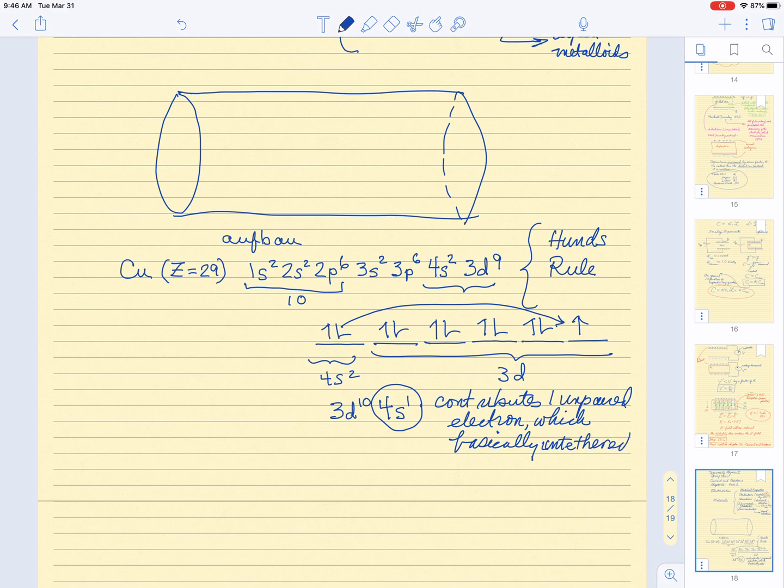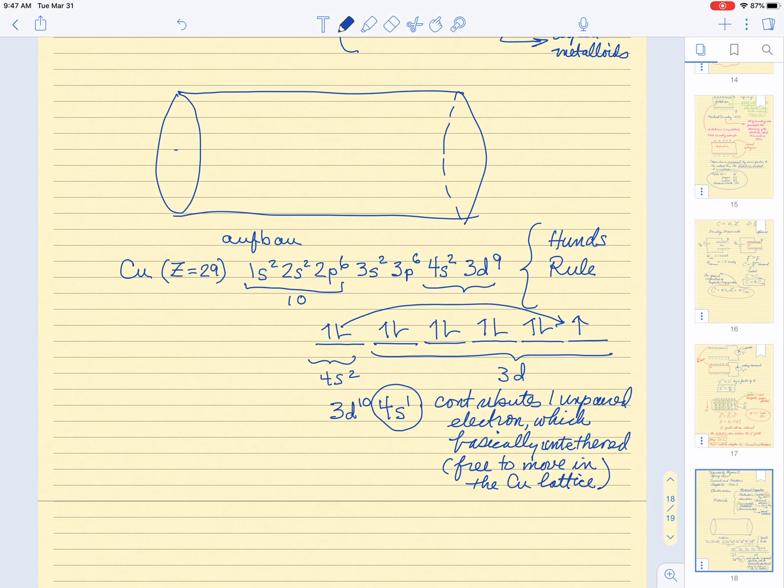It's basically untethered, which means that it's free to move in the copper lattice. And it is this 4s electron that contributes to electrical phenomena in copper.